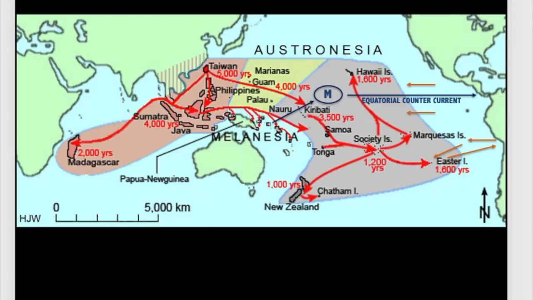Now, I want to talk about when this all occurred, because as you can see, the Polynesians made it to Kiribati 3,500 years ago. And then there's a gap here. You see this? They didn't make it out to any of these places for another 2,000 years.